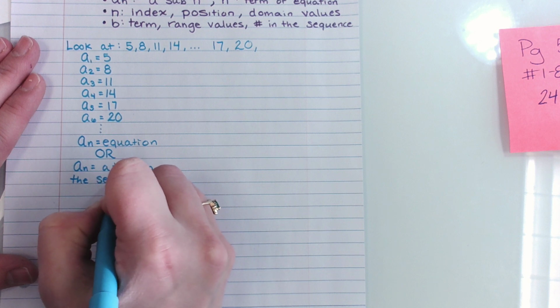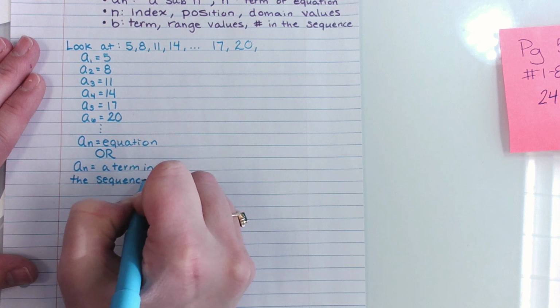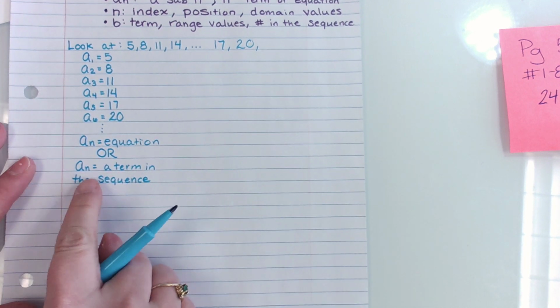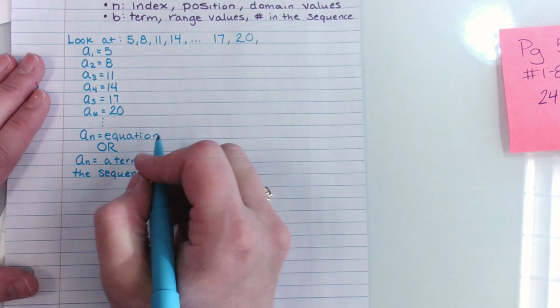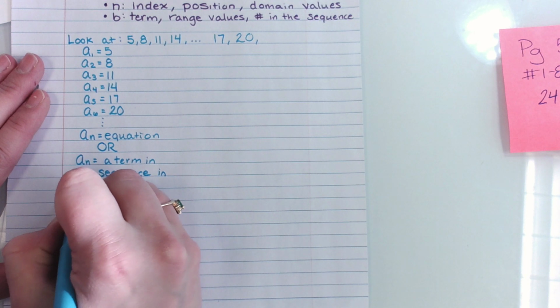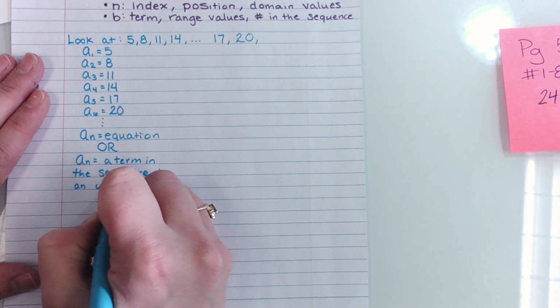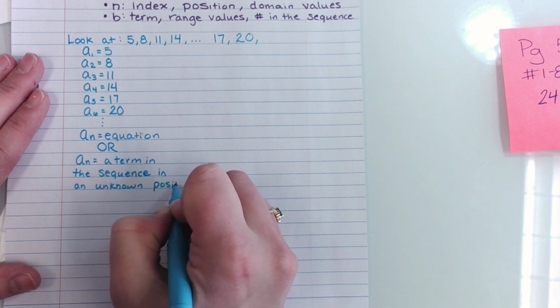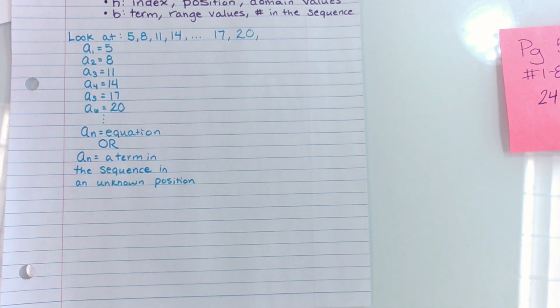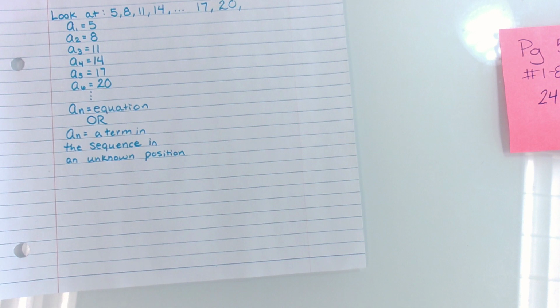But generally, if I give you a sub n, if it doesn't have a number down there, it's a term in the sequence in an unknown position. That's why it's n. Otherwise, if I know it's in the 5th spot, I'm going to write a sub 5. If I know it's in the 80th spot, I'm going to write a sub 80.